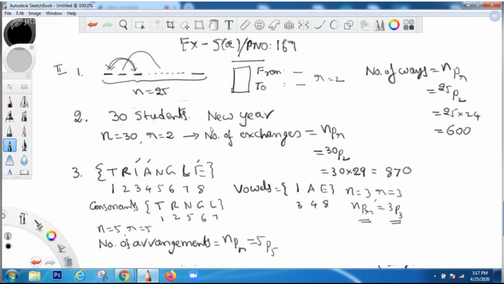Yes, sir. 5P5 is the arrangements of consonants. 3P3 is the arrangements of vowels. So we have to do both one after the other, isn't it? Vowels we have to arrange as well as consonants.